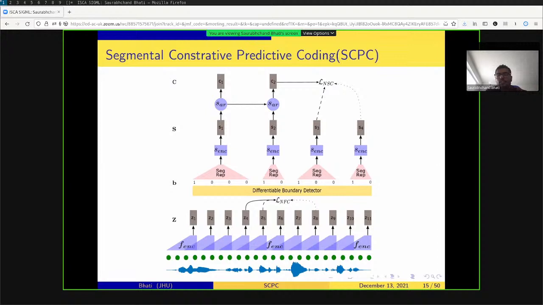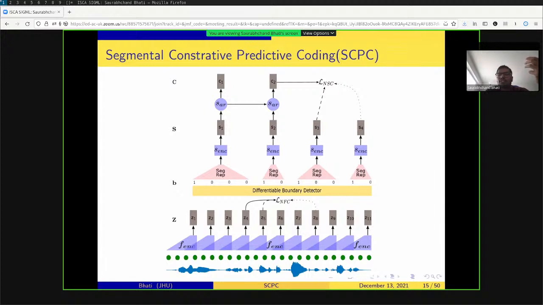So in this architecture, we start from, say, the raw waveform. We have a downsampling by a factor of 160. Then we impose a frame level loss, which generates the representation at frame level, which is then passed into a differentiable boundary detector, which generates the segments. And we do some kind of pooling operation, for example, average pooling, which generates the same fixed dimensional representation for all the segments, regardless of their length.